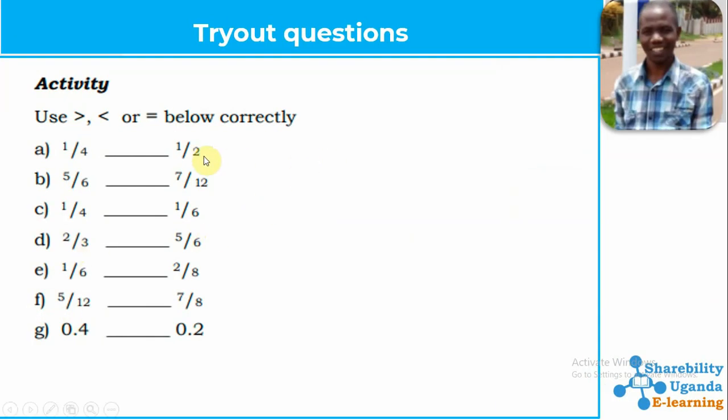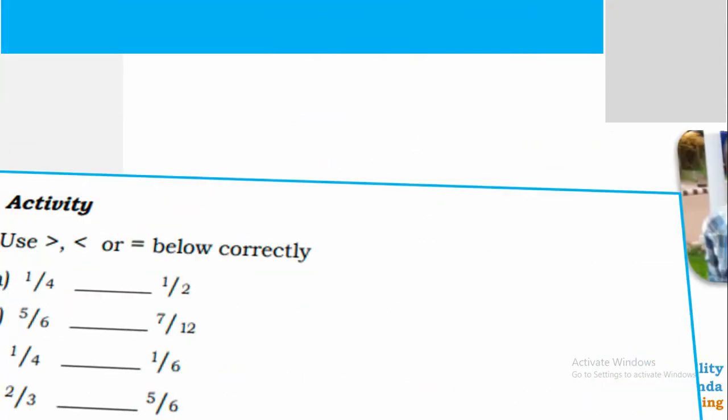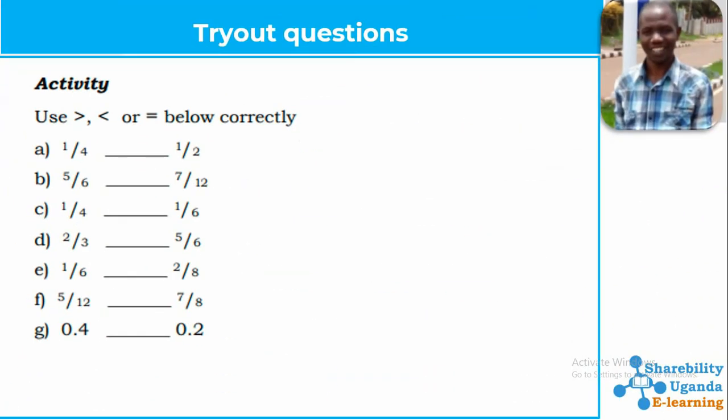So this is our activity, and this is how they always ask, or this is how they always trick us on comparing fractions. They tell you to use the symbol greater than, less than, or equal to.